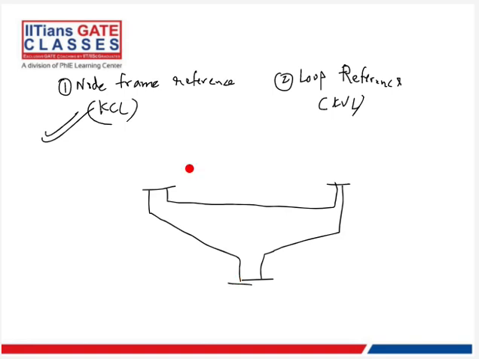So let's look at a 3-bus system. Is this clear? So there are two references, right? Once I write the equation it will be clear. So we have three buses: one, two, three.